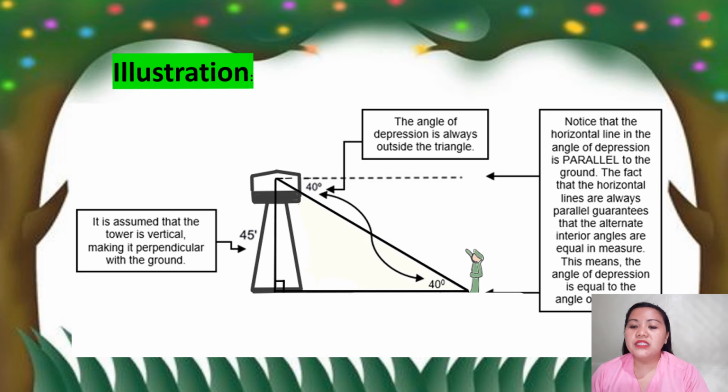This means that the angle of depression is equal to the angle of elevation. Now, in this illustration, the observer is looking at an object below, so this is an example of angle of depression, and there is a value of 40 degrees.